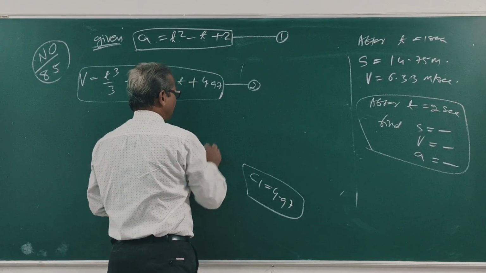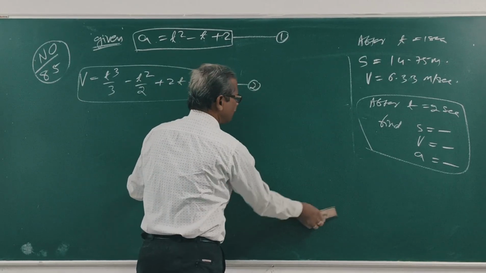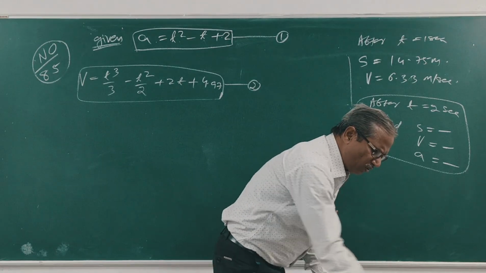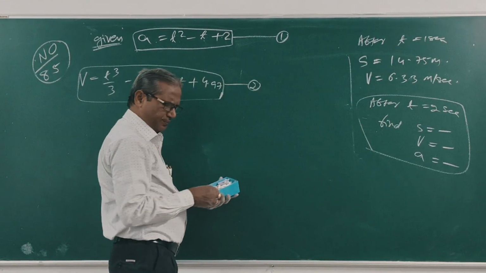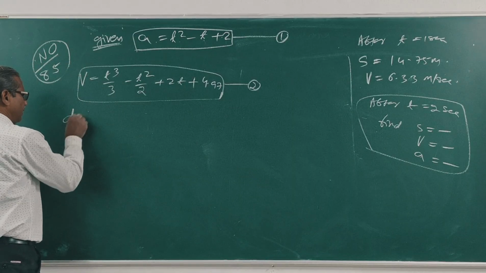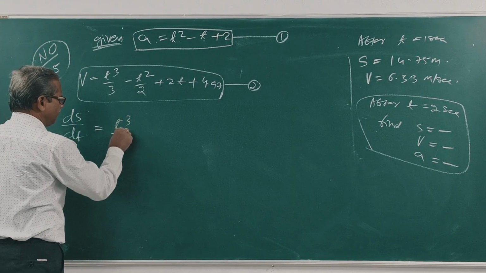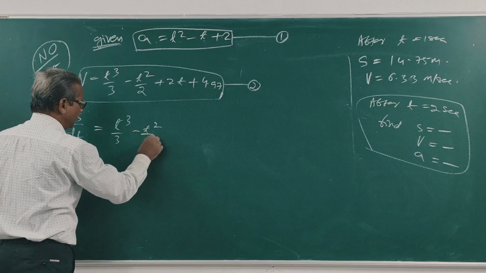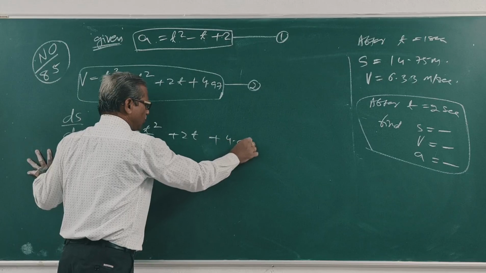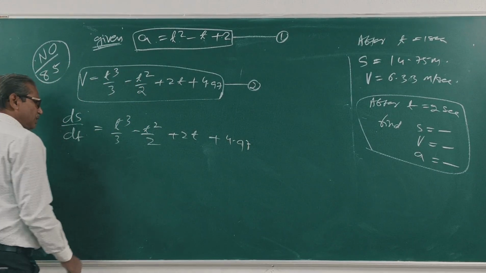Now for displacement. Clear? What is velocity equal to? Velocity is v. v is equal to ds by dt. So t q by 3 minus t square by 2 plus 2t plus 4.97 is ds by dt.